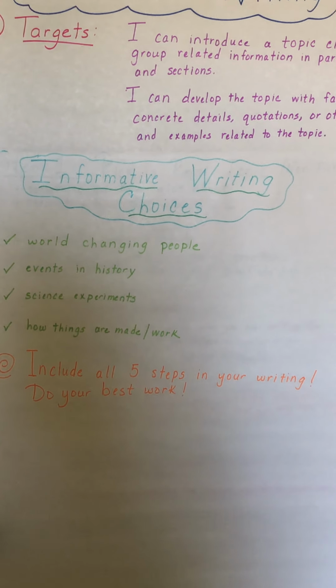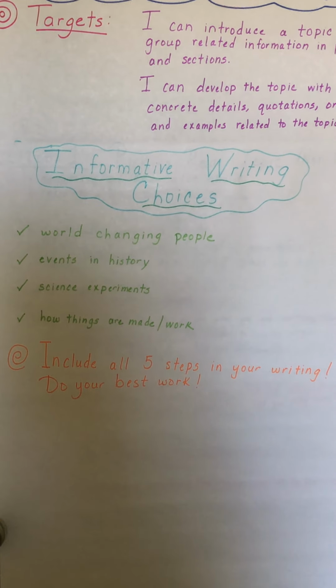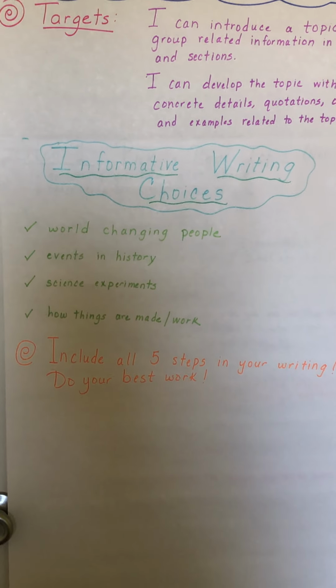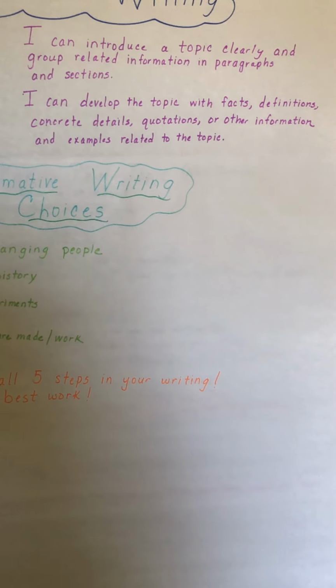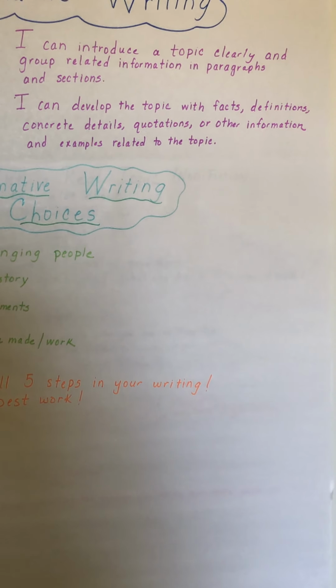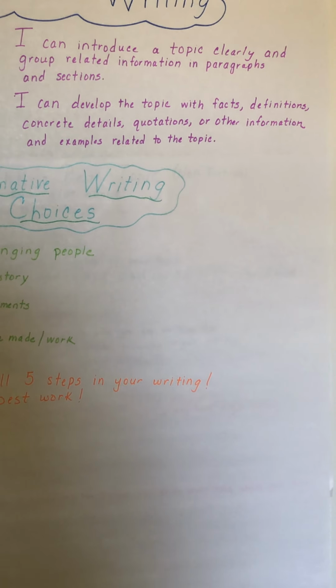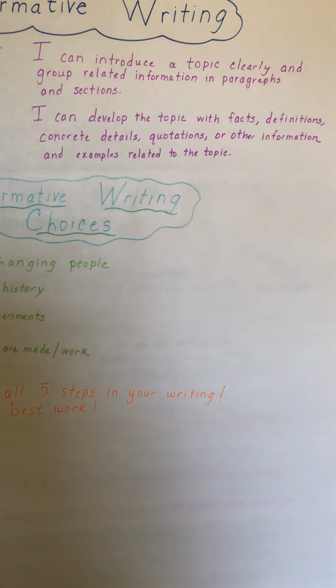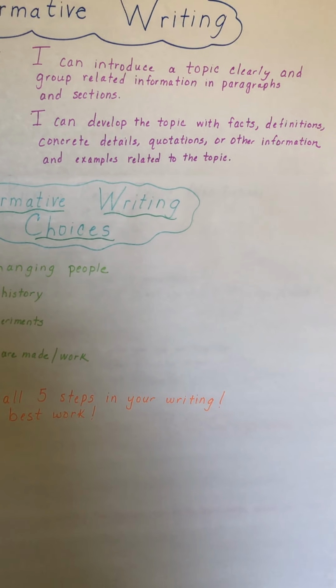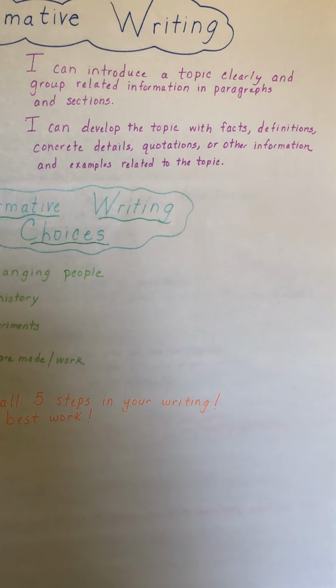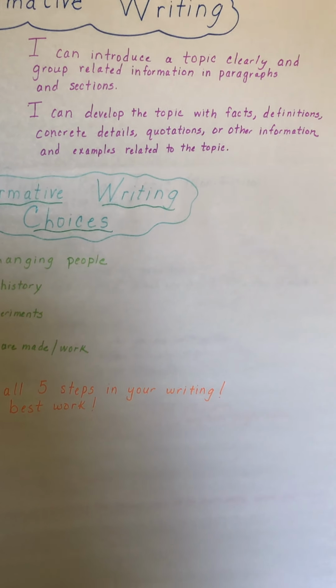Make sure your topic is from one of these categories, and also make sure that you have some really solid facts, definitions, details, quotations, and examples related to your topic. That's where your planning is going to come in before you start writing, so you can get all of those pieces of information first before you begin the actual writing.